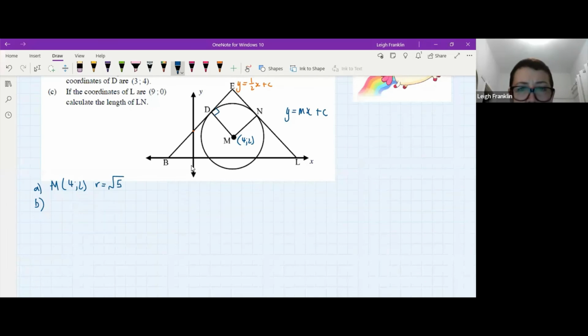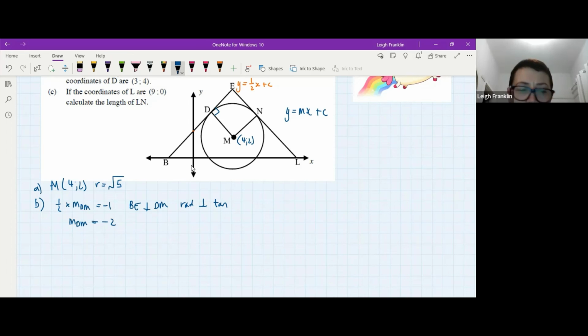Perfect, Bushle. So what we would do here is say a half times the gradient of DM equals -1. That's because BE is perpendicular to DM, because the radius is always perpendicular to a tangent. So the gradient of line DM is going to be, let me not make a mistake here, -2.